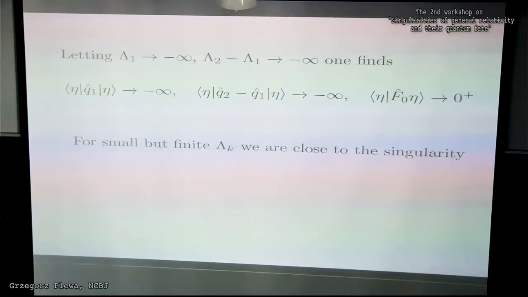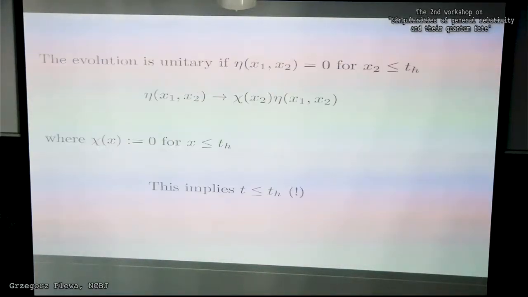Still, we can make things arbitrarily close in the sense that our lambdas are large and negative. This way, we can approach the singularity. We can be arbitrarily close to the singularity, and still our state is labeled by finite labels.